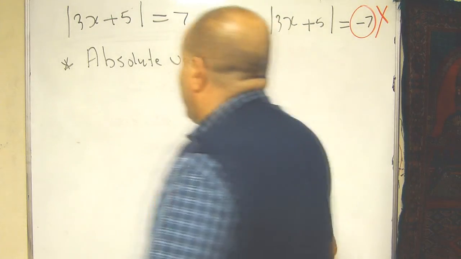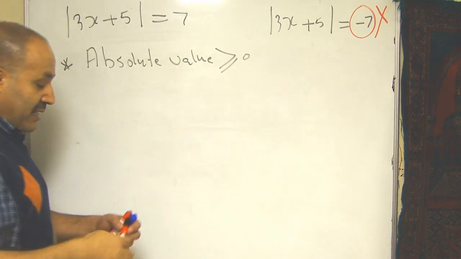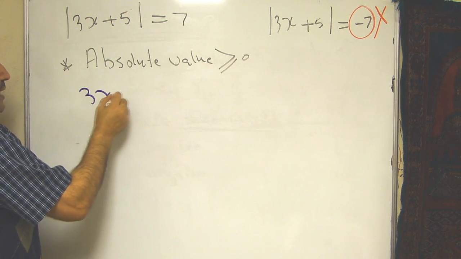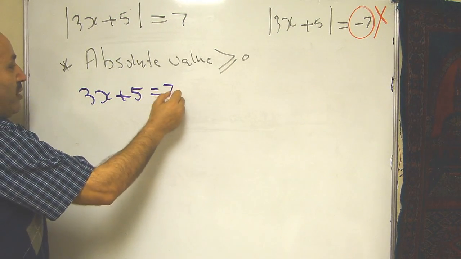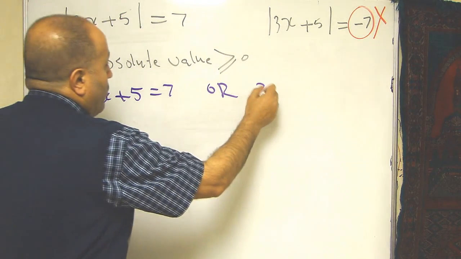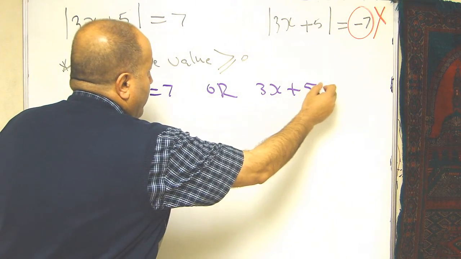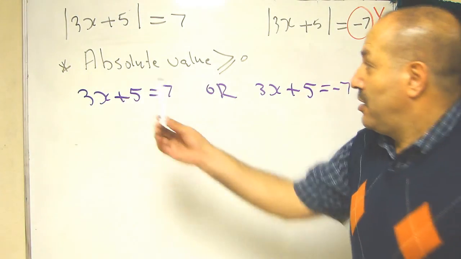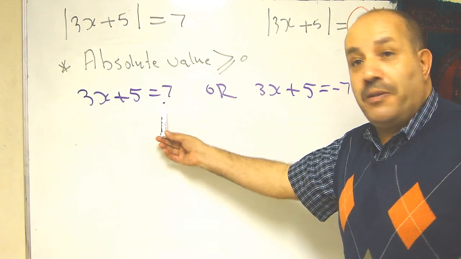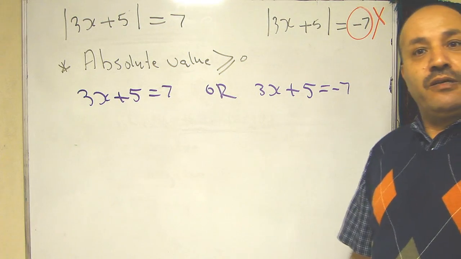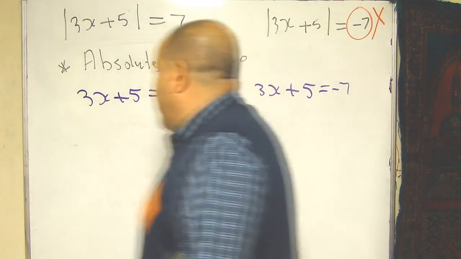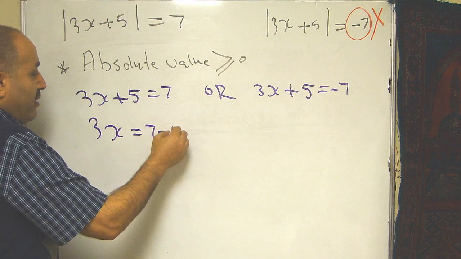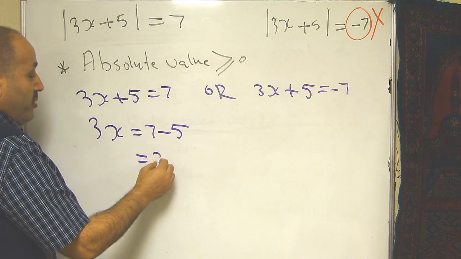It must be positive. So, if we want to solve this example, I will have to say either 3x plus 5 equal to 7 or 3x plus 5 equal minus 7. The inside either used to be positive or used to be negative. Two easy equations. I will simplify these two equations. 3x equal 7 minus 5, and that will be 2.